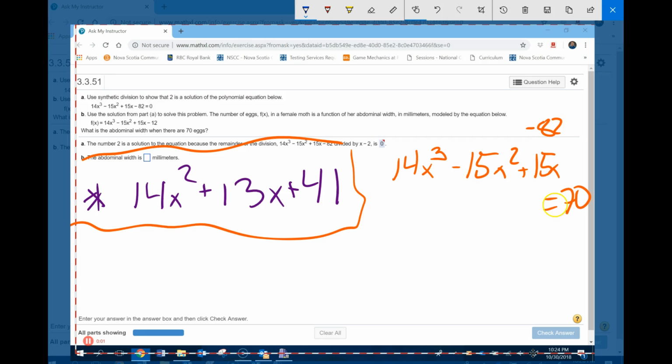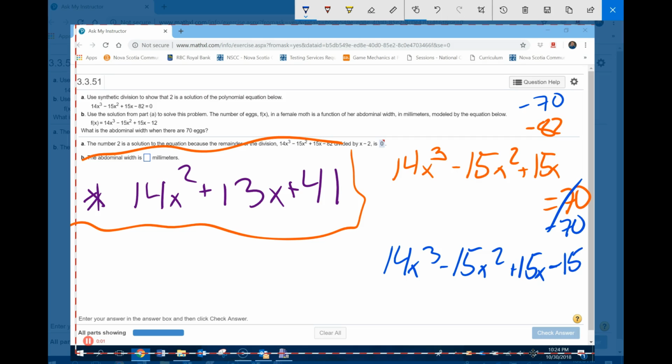I'm going to subtract 70 from both sides. We'll get that taken over, and we'll do the same over here. So that leaves us with 14x cubed minus 15x squared plus 15x minus 70, minus 82, and that equals 0, okay?